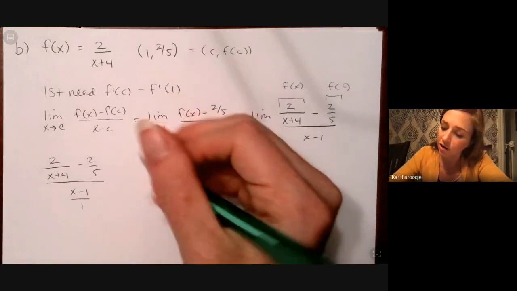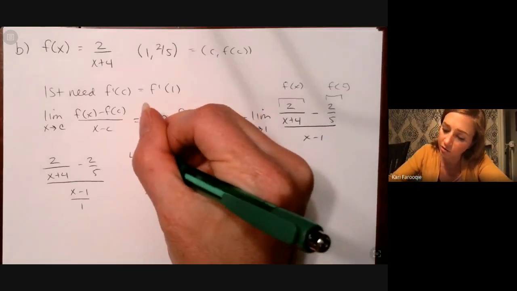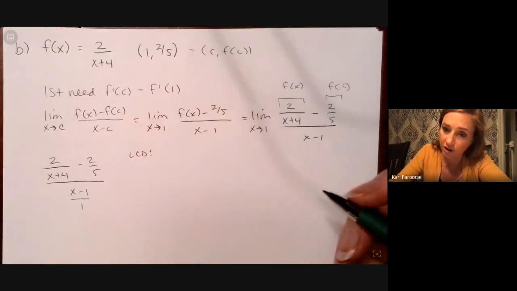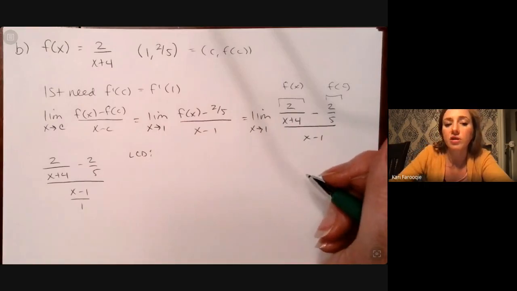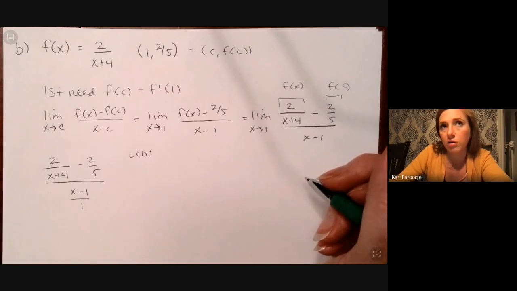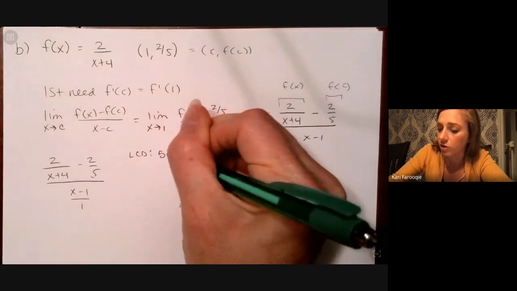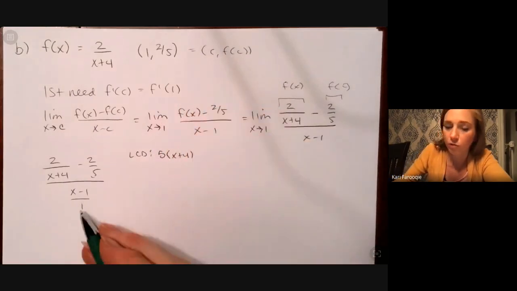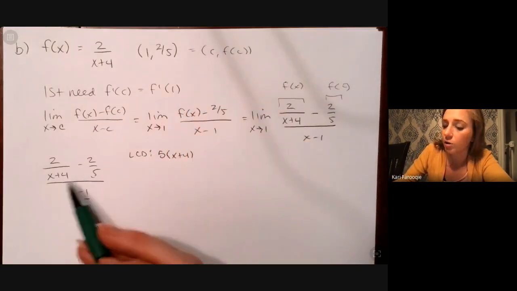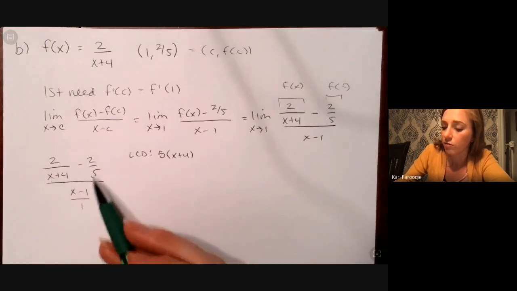We're going to multiply each term by the LCD. In order to do so, we need to note what the LCD actually is. So remember, the LCD is the product of all unique denominators, the greatest number of times they appear in any one denominator. So you have a 5, and you have an x plus 4, and you have a 1. So you have an x plus 4 once, you have a 5 once, you have a 1.